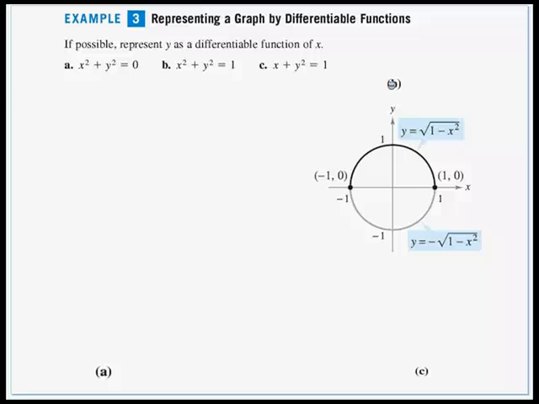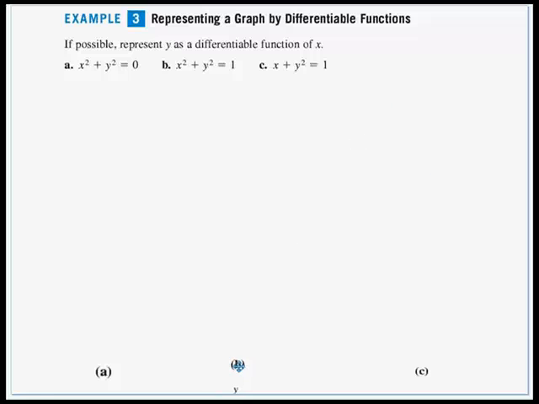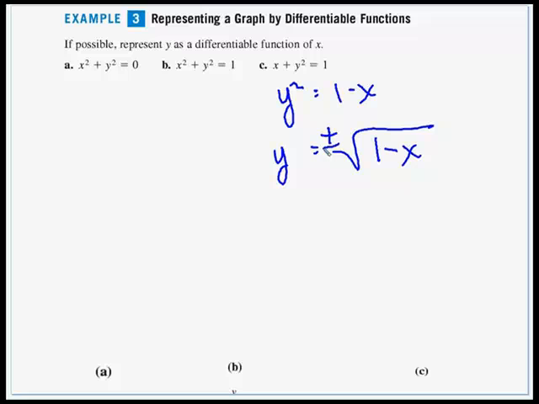And there's something kind of similar for C. Now, if you compare that to A and B, the only difference is now the x does not have a square. So again, to solve for y, we'd subtract x from each side, and we would take the square root. So now it's just the root of 1 minus x, and it's plus or minus also. But now the x under the radical is no longer squared.